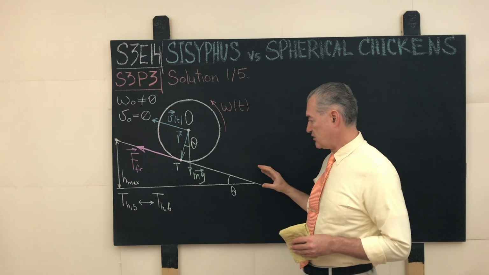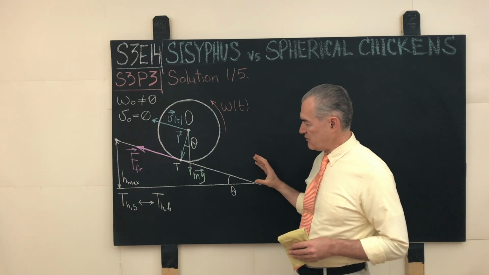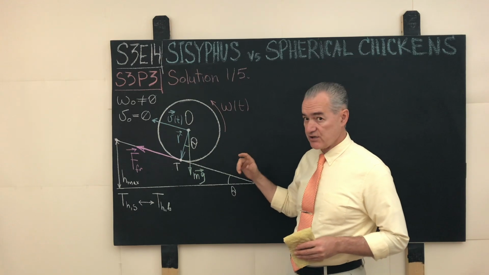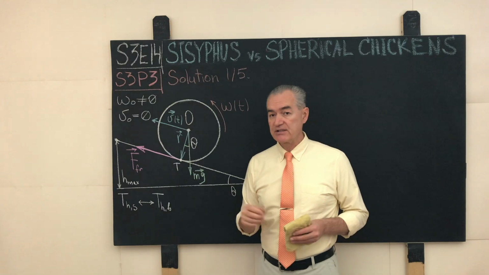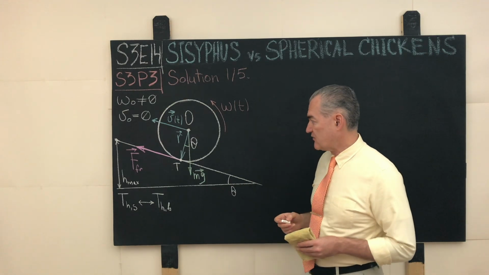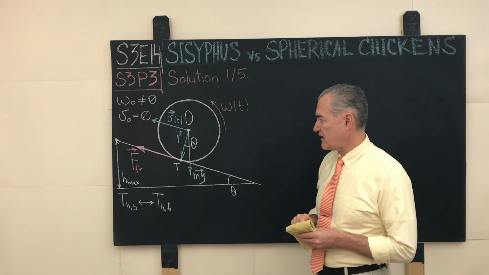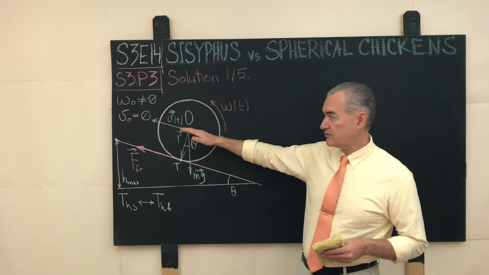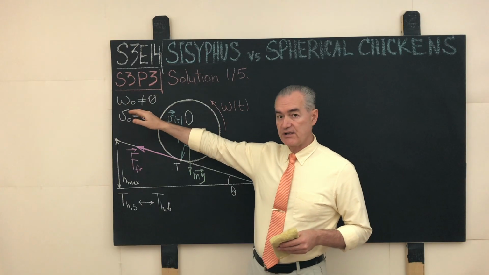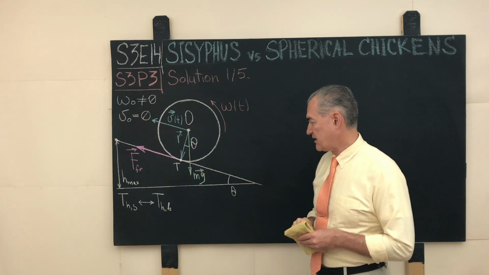In other words, our object will not be propelled forward in a linear fashion, but it will be spinning, roughly speaking, in place, perhaps quite viciously or vigorously, and that means that its linear velocity v will be hovering around zero, but its angular velocity will be greater than zero.